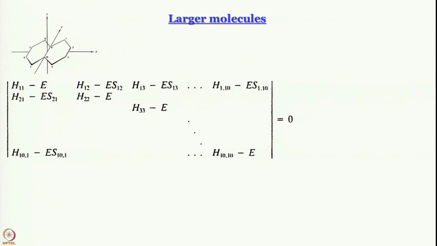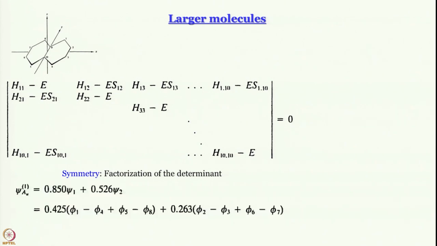So, symmetry actually has a big role to play in simplifying problems of quantum mechanics. One can use symmetry to factorize this determinant, break this determinant down into smaller ones, and from there very elegantly you can find out the expressions.